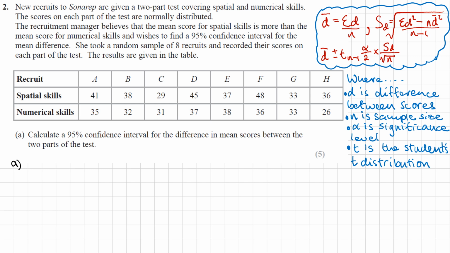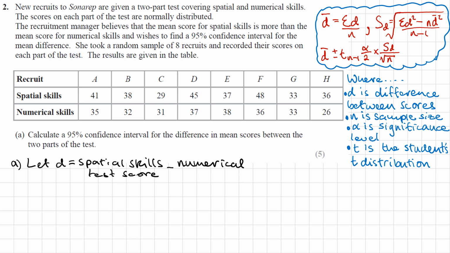So I'm going to start by saying let D be equal to the spatial skills test score minus the numerical skills test score.